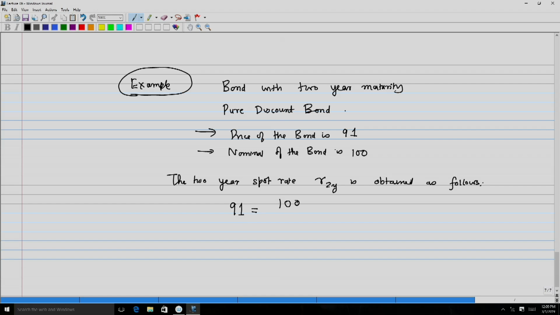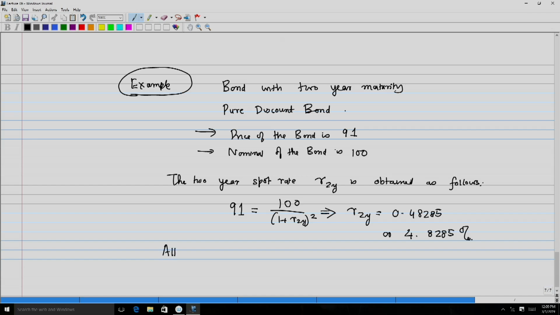This is equal to 100 divided by 1 plus R 2y squared, and I am using continuous compounding convention, and this gives you R 2y is equal to 0.48285 or 4.8285%. So, basically this is going to be the 2-year interest rate making use of the continuous compounding convention.